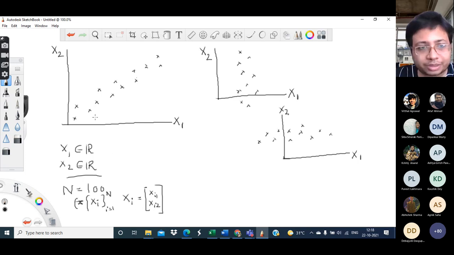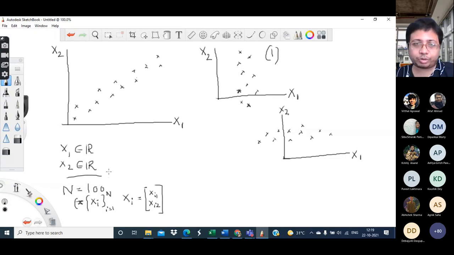Since both of them are real numbers, I can plot these observations on two-dimensional plots like this. Let us assume that these are three different data sets. Let's look at this particular data set first. If I plot the different observations on the x1 x2 plane, this is where all my observations lie.